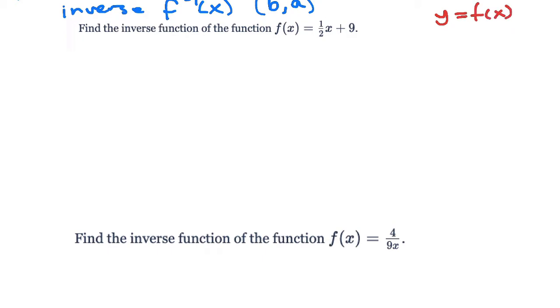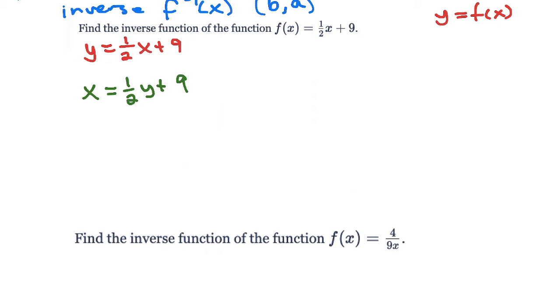We'll get back to that function notation, but it might be easier. We start out with this equation. Step 1 says we're going to switch the x and y. And that's just it. You just switch them.